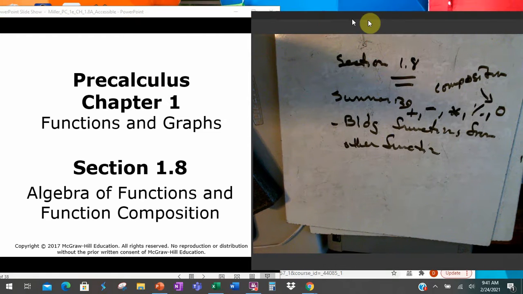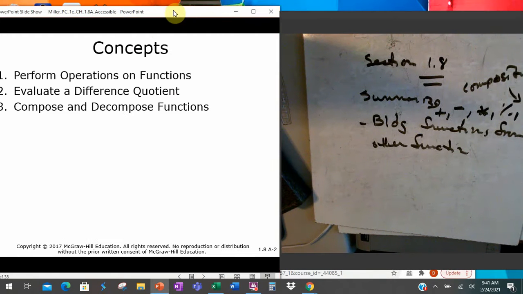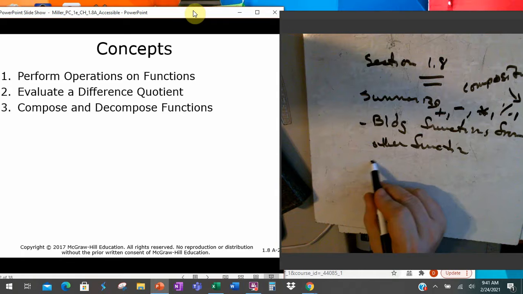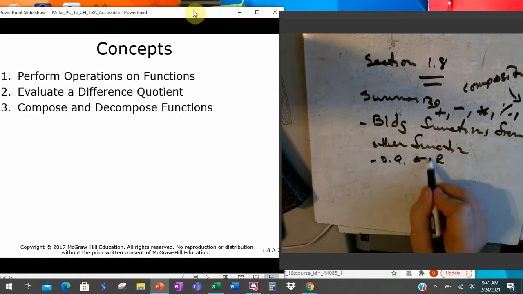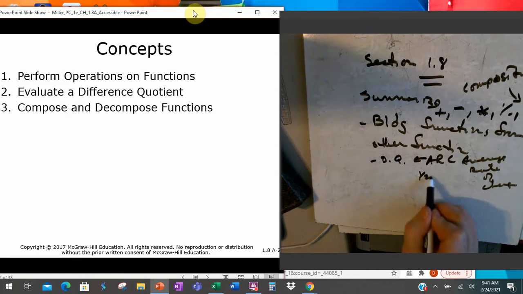Let me slide this over because it likes to be up top. So perform operations on functions, evaluate a difference quotient. That's kind of a form of building these things. So finally, we're going to do a difference quotient. And the difference quotient is the average rate of change, that arc average rate of change. You remember that stuff? Y2 minus Y1 over X2 minus X1.